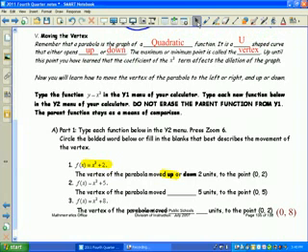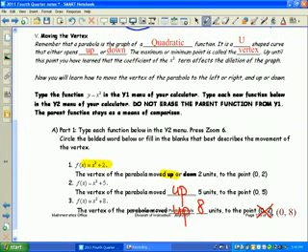So if I look at the next one, I have x squared plus 5. This time, the parabola moved up 5 units to the point 0, 5. And last one, x squared plus 8, the parabola moved up 8 units to the point 0, 8.